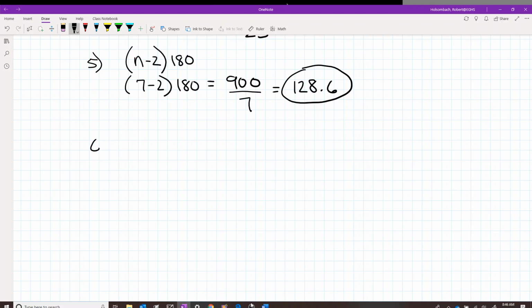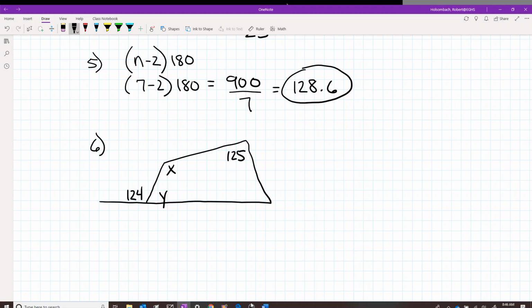Alright, number 6. Alright, in number 6, you're asked to find the missing values of the variables.